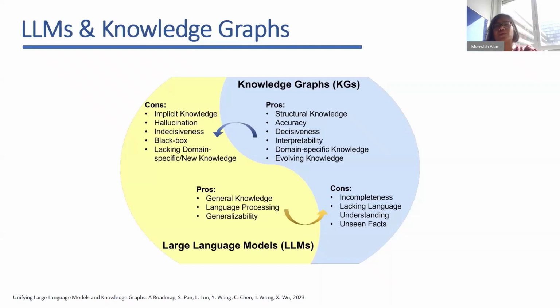However, knowledge graphs are slower sometimes with symbolic reasoning because they are symbolic systems and they are not scaling very well. So if you want to add domain-specific knowledge, you can add some kind of interpretability. And if you want to add evolving knowledge, for these kinds of things, you have knowledge graphs which can provide LLMs with some support to do better.